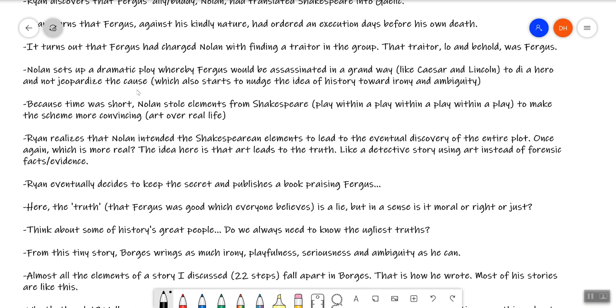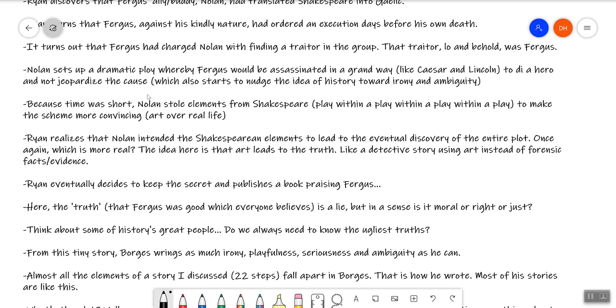They were kind of revolutionaries working on this plot, right? So it turns out that the main hero of the story within the story was, in fact, a traitor to his own cause.